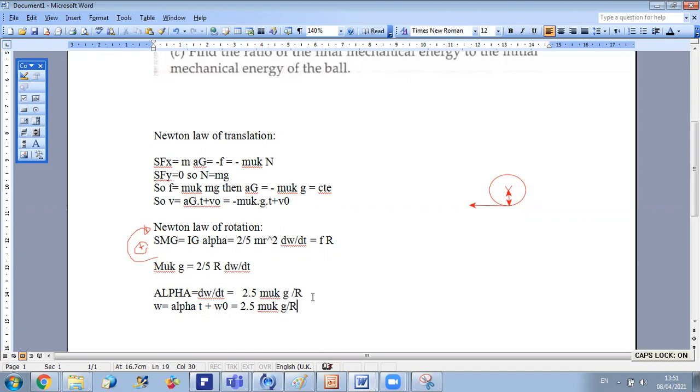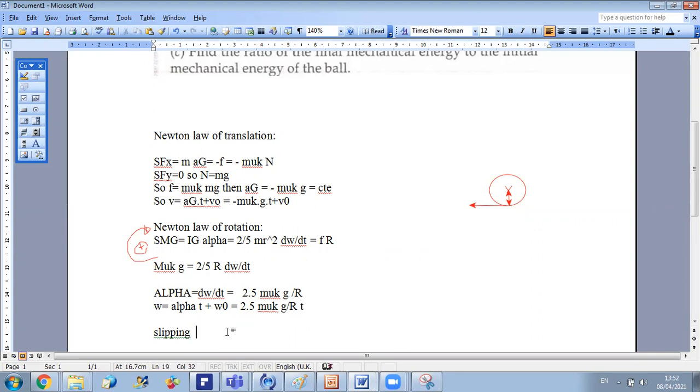Okay? Now من بعد ما لقيت v function of time و omega function of time, I can say that slipping will stop when... بالأوميجا، times t أكيد، alpha times t. Okay.